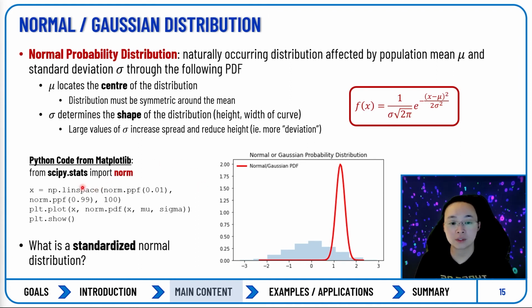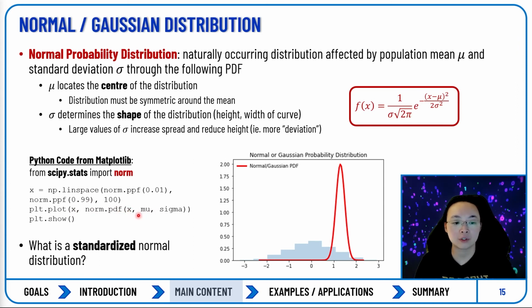Well, we're going to use the norm package from scipy.stats, and we simply do the same thing as before. We have our x values going from a ppf of 0.01 to 0.99, just to keep things consistent, breaking it down into 100 points, and we're going to plot the x values versus the PDF values for each of the x values.